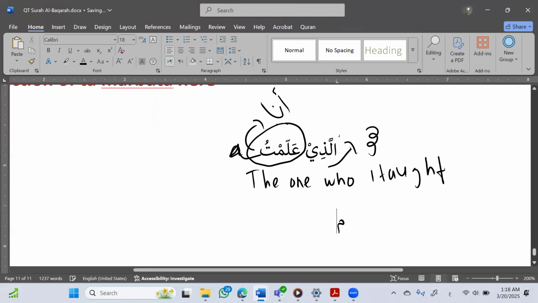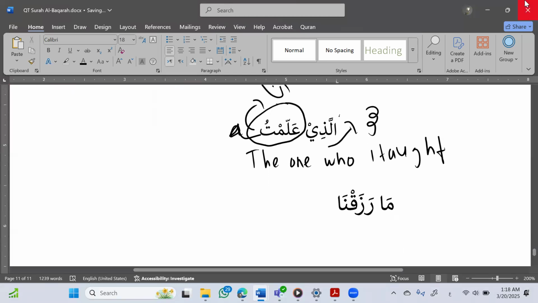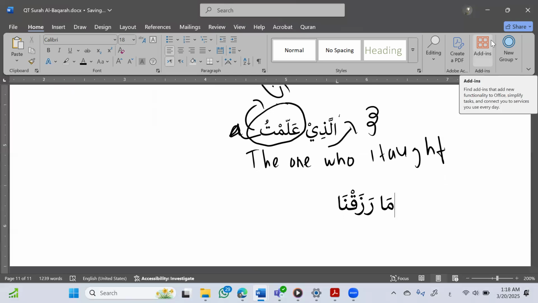Now we have ma razaqna, just remove the hum first. Someone actually helped me to understand this concept and said that ma doesn't really have gender and number. So it could be anything, from huwa to hunna.